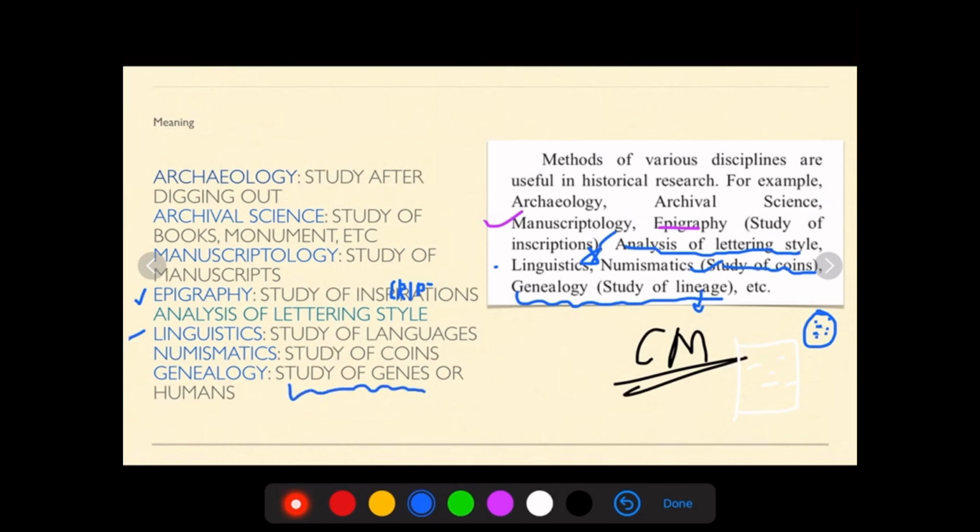If you find a skeleton lying under the earth, the study regarding that human or skeleton and its genes, and whether it matches that period or not, all that comparative study is done in genealogy, which is the study of lineage.